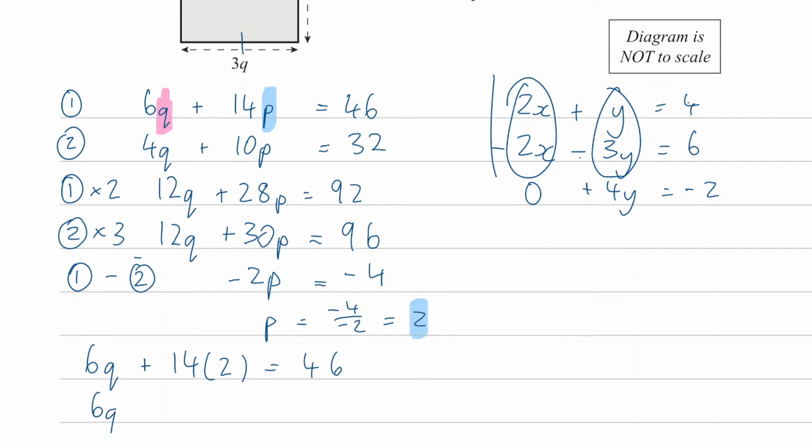So 6q plus 28 equals 46. So 6q, we'll subtract 28 from both sides. What is that? 18? Yep. And so finally, dividing both sides by 6, q equals 18 divided by 6, which is 3.